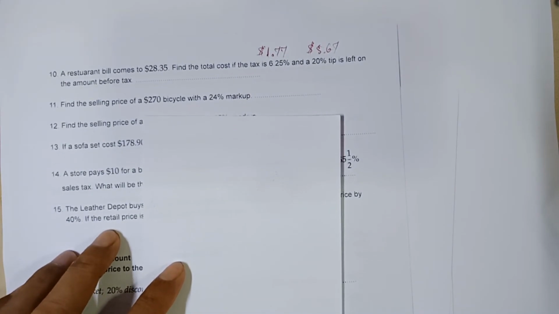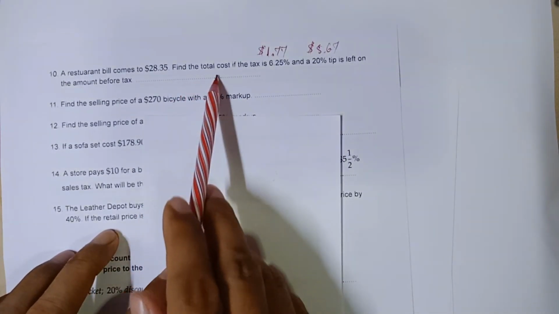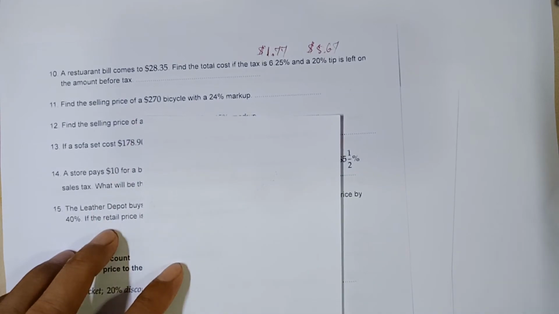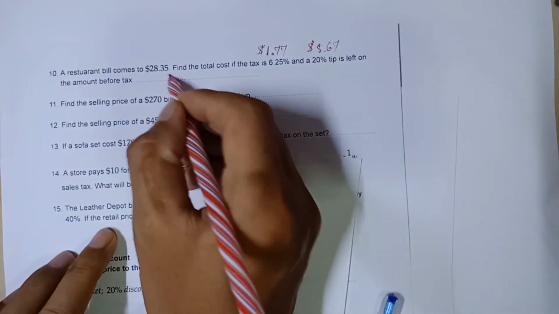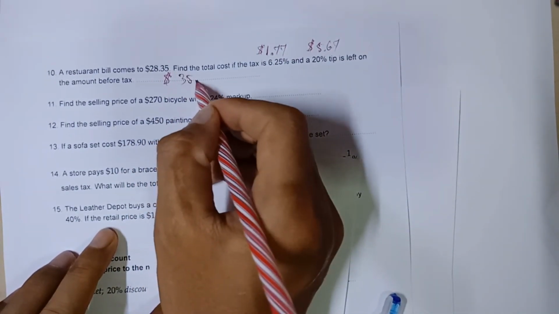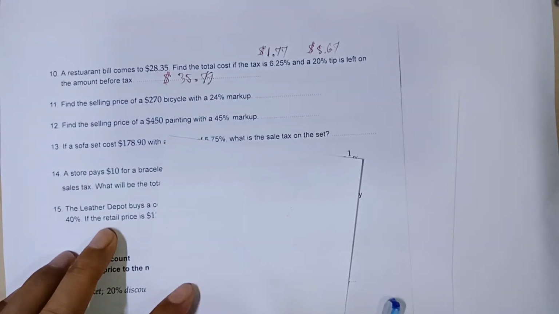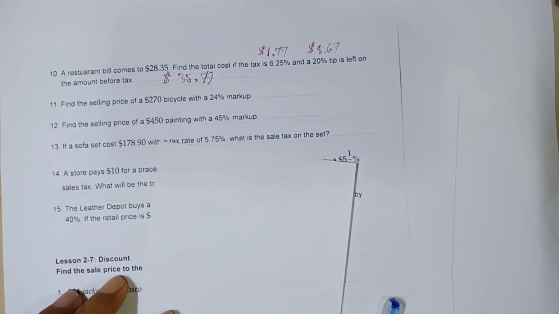So to find the total cost, all you need to do is use 28.35, that's the bill, and then you plus the tax, which is $1.77, and you plus the tip, which is $5.67. Altogether, you pay $35.79.